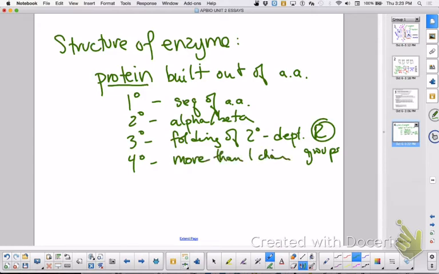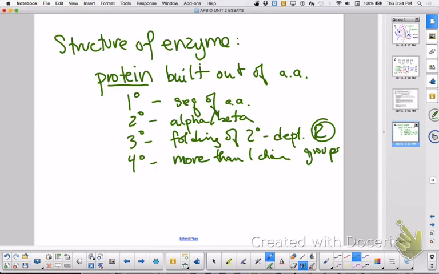Good. So if I know the structure of an enzyme, which is built out of a protein, which has primary, secondary, tertiary, and quaternary shape, I'm relating this to its catalytic ability. Its catalytic ability is how well it can make reactions occur. Do you agree with that? Okay. So what's going to affect how a reaction occurs if it has a functional what site?